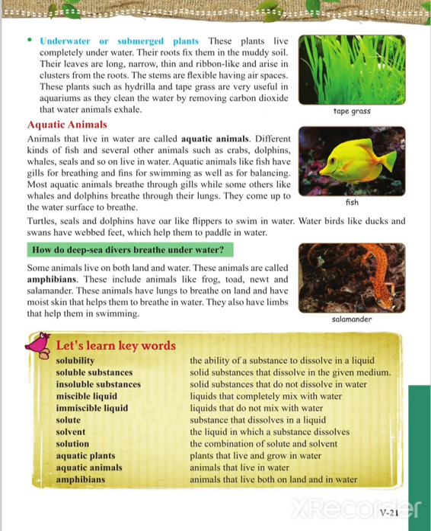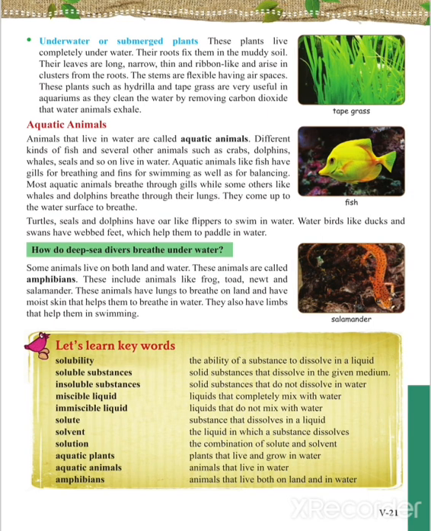Aquatic animals like fish have gills to breathe and fins for swimming as well as for balancing. But while some animals breathe through gills, animals like whales and dolphins breathe through their lungs. They come up to the surface of the water to breathe.